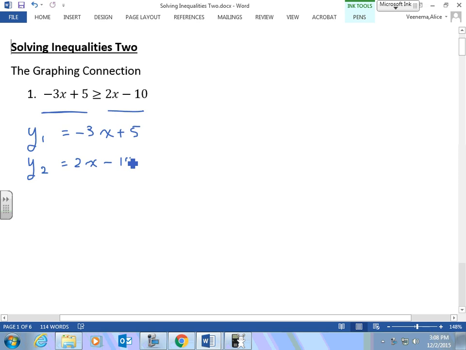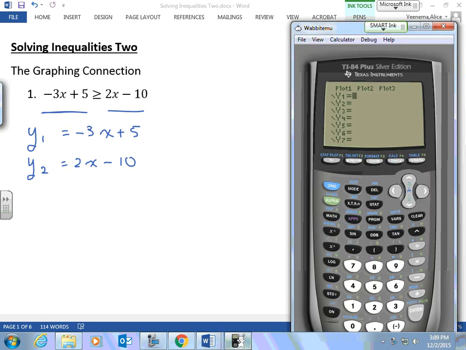Let's put those in our calculators and see what happens. So I've got negative 3x plus 5 and a second equation of 2x minus 10.